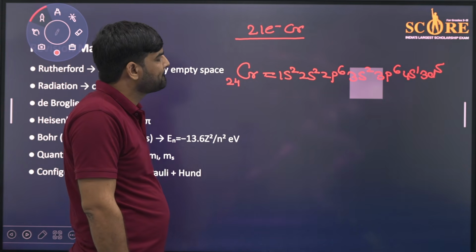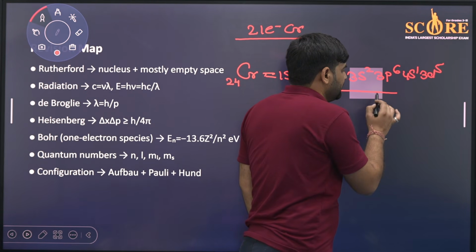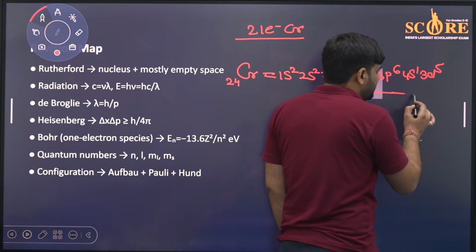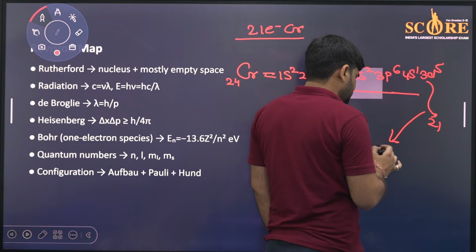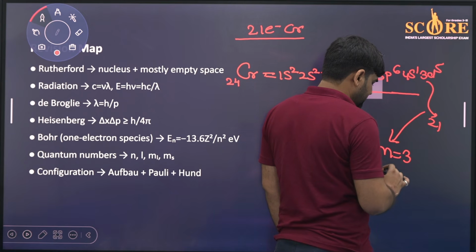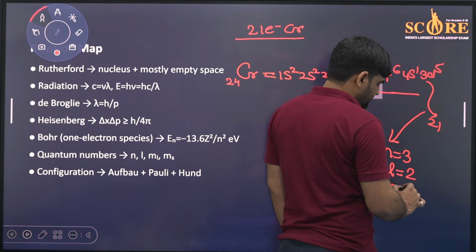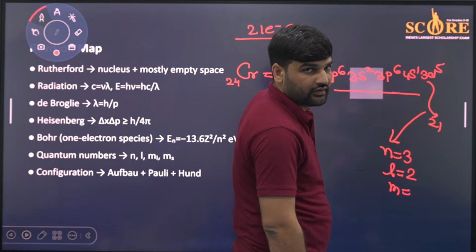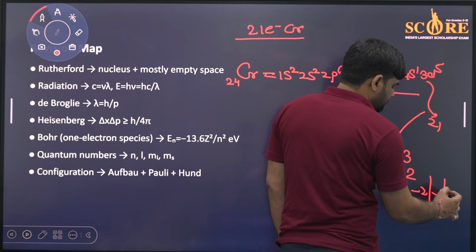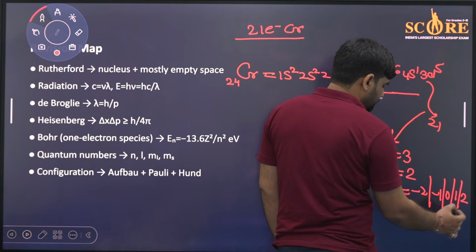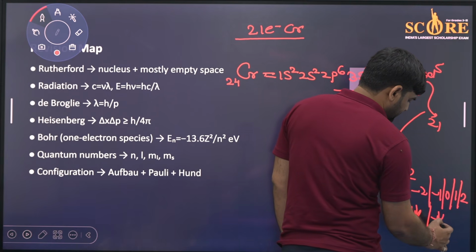Now the 21st electron: till this 18 electrons are filled up, this is 19, this is 20 and the 21st electron is here. So principal quantum number is 3, L is 2, M is -2, -1, 0, 1, 2 and S is +½ and -½.